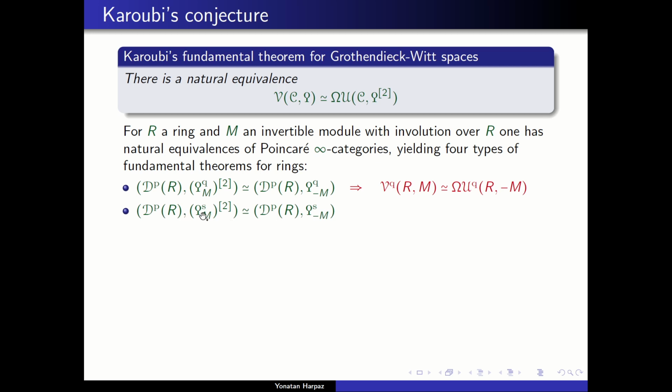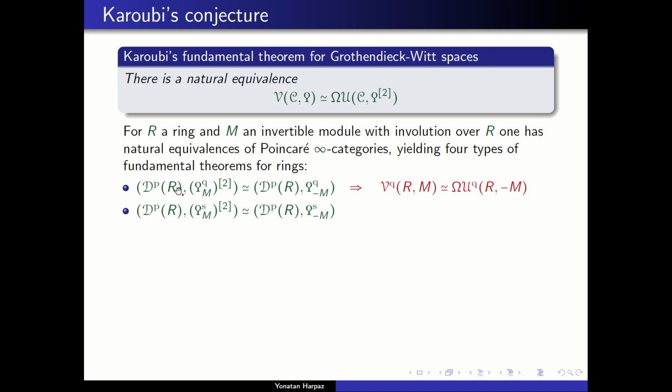Similarly, if we look at the homotopy symmetric Poincaré structure and we shift it twice, then we get a Poincaré infinity category equivalent to what we get if we twist M by a sign. Now, I should warn here, these equivalences of Poincaré infinity categories are not given by the identity on the underlying stable infinity categories.